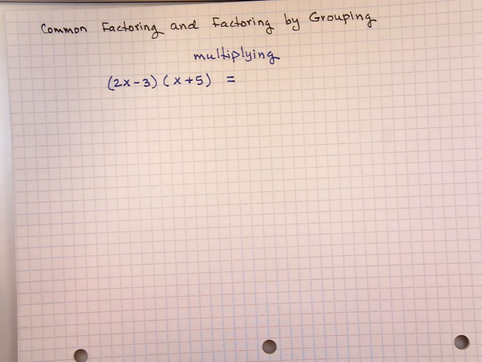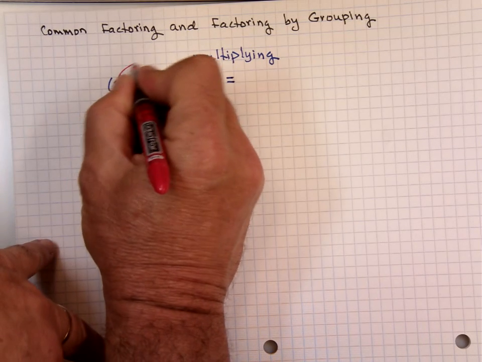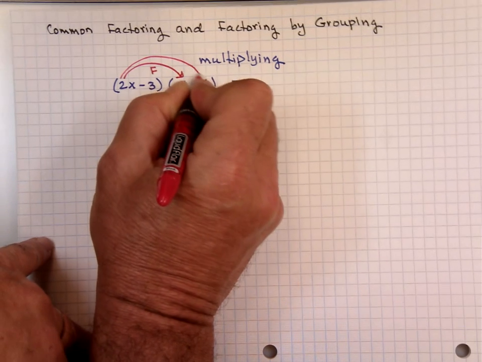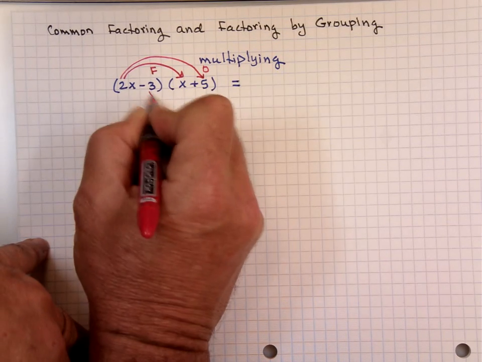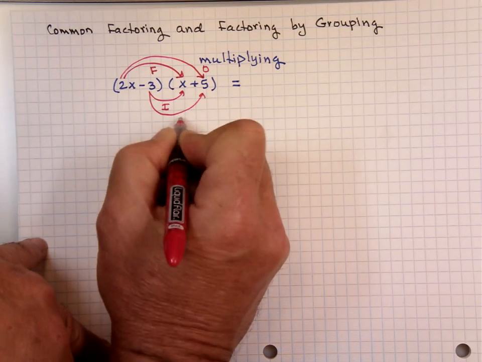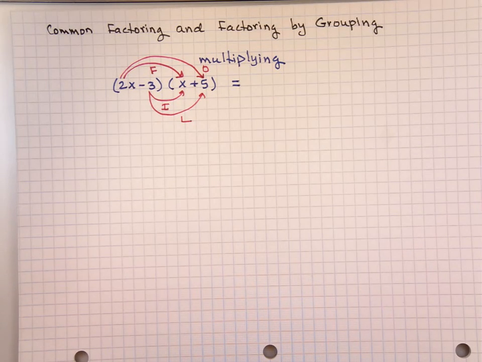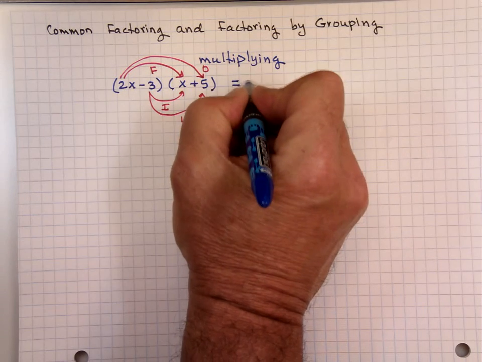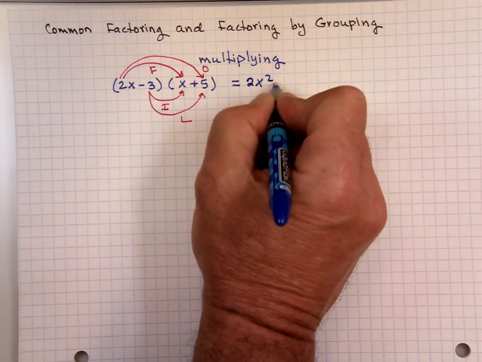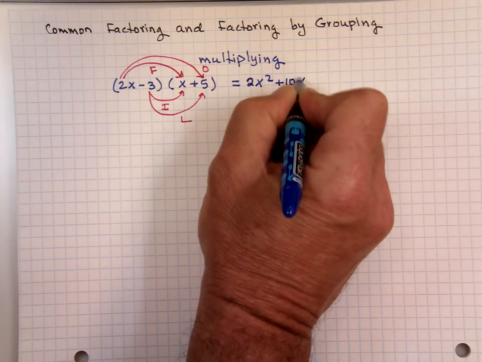The FOIL method, which says take these two, multiply them out. That's the first, the outer, the inner, and the last. So the result of that will be 2x times x, 2x squared. 2x times plus 5 is plus 10x.